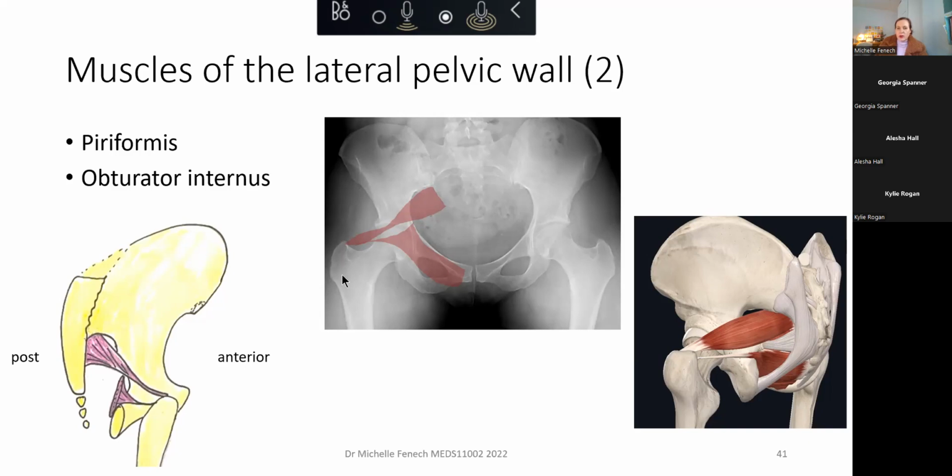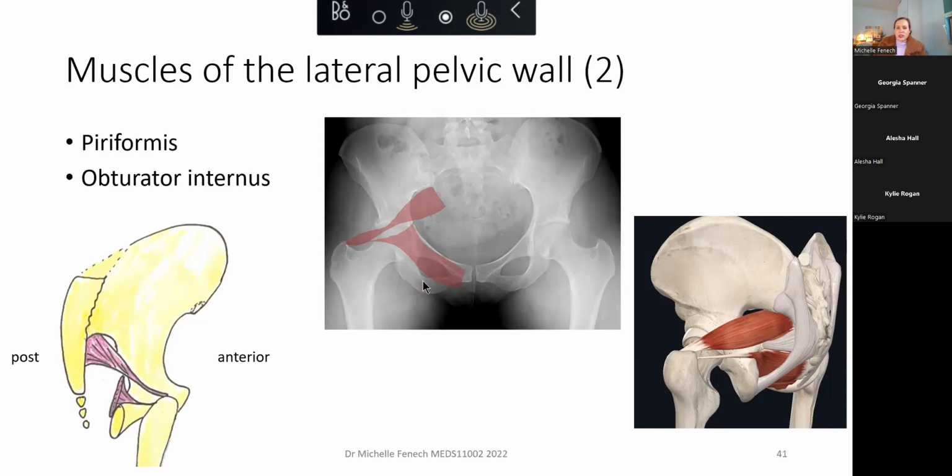What's this bit of bone here called? Greater trochanter. The greater trochanter of the femur. And in particular, is this our right or our left? Right. Okay, excellent.